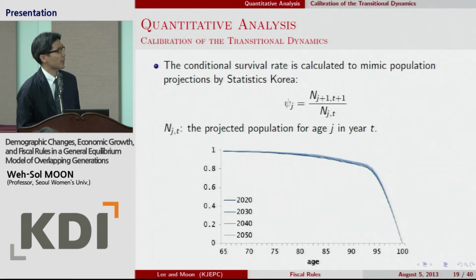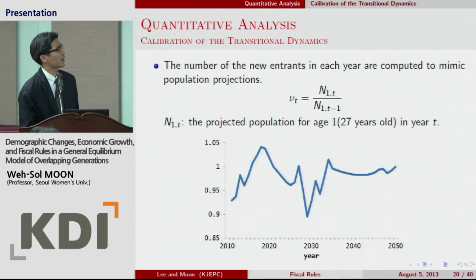On the transitional dynamics, we just calibrate the conditional survival rate from Statistics Korea like this. The number of new entrants in each year is computed to mimic the population projections made by Statistics Korea. The formula is this. The pattern looks like this.